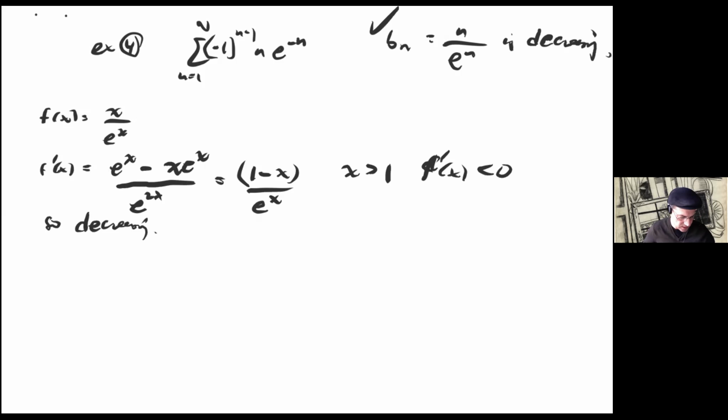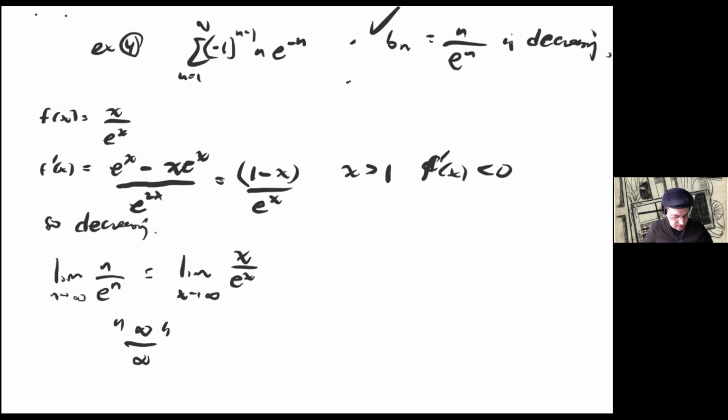The second thing we need to check is the limit. So the limit as n goes to infinity of n over e^n. Well, that's the same as the limit as x goes to infinity of x over e^x. And now if you let x go to infinity, you get an indeterminate form of type infinity over infinity, so we can use L'Hopital.